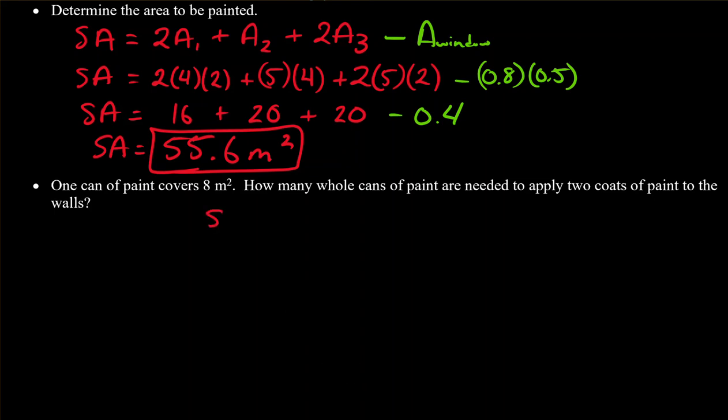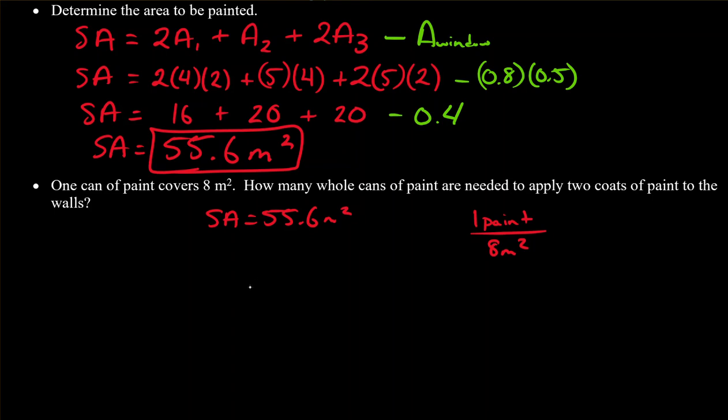So if our surface area is 55.6 square meters, and one can of paint will cover 8 square meters, what we're going to do is take 55.6 and divide it by 8.